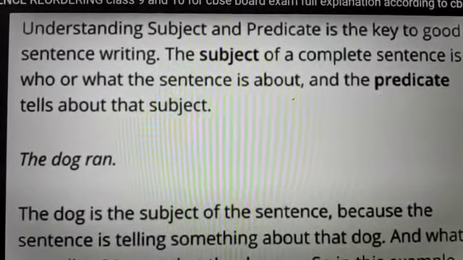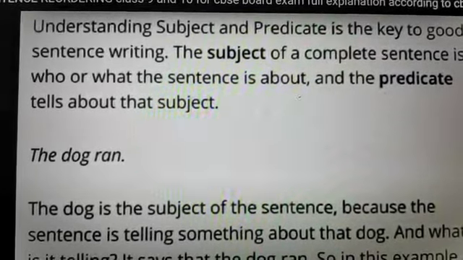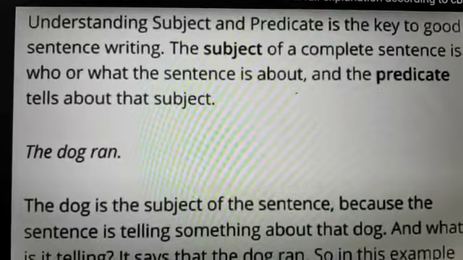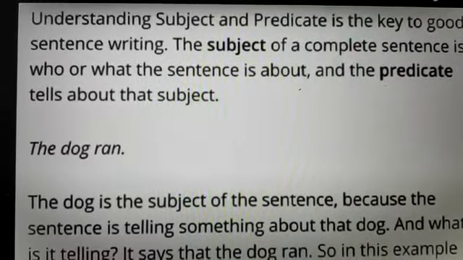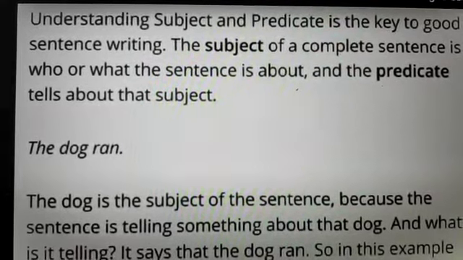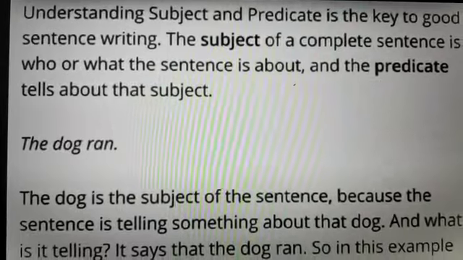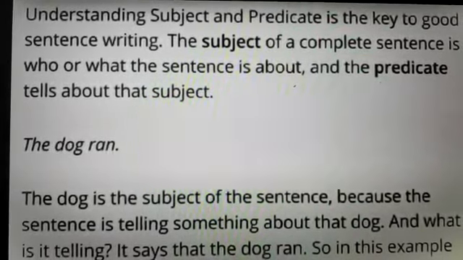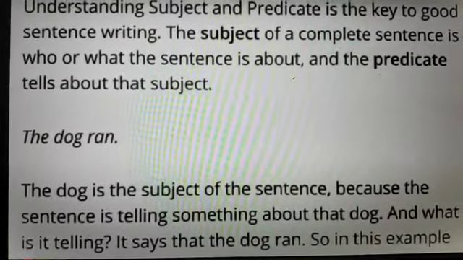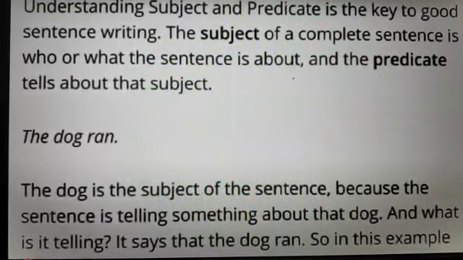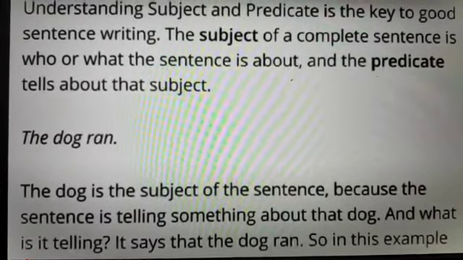The subject of a complete sentence is who or what the sentence is about, and the predicate tells about that subject. Who are we talking about? That is, in other words, the doer of the action.